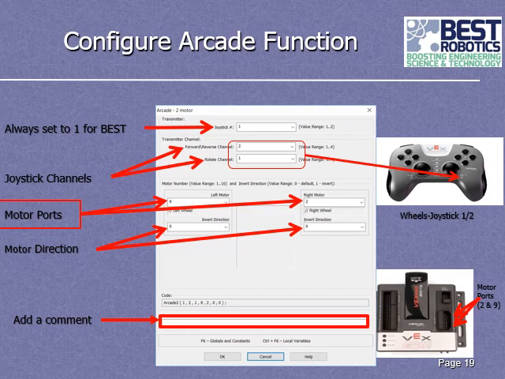Same thing on the right motor port, you would hit the drop down. If you've put in the text in that configuration pop-up earlier, it'll say right wheel. You can select that one, and that'll be equated to motor port 2. Now these motor ports, you can see in the picture on the bottom right, equate to those slots in the Cortex.